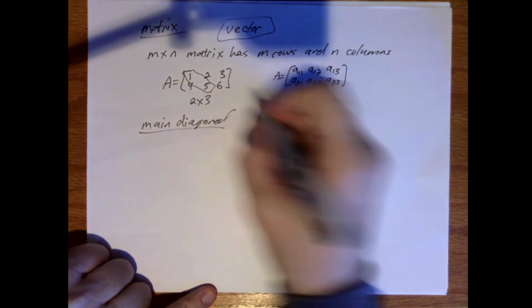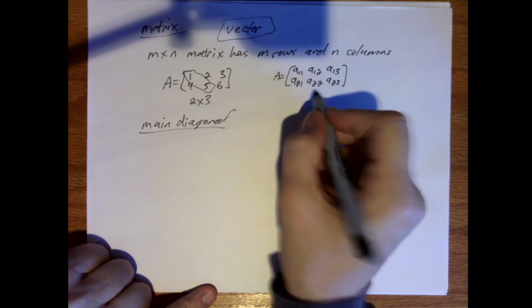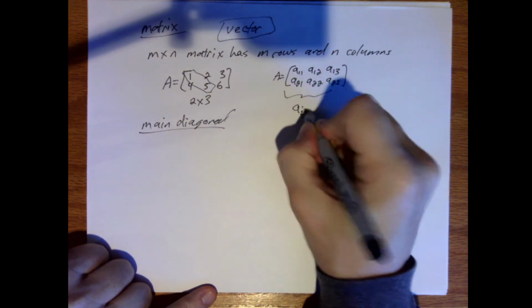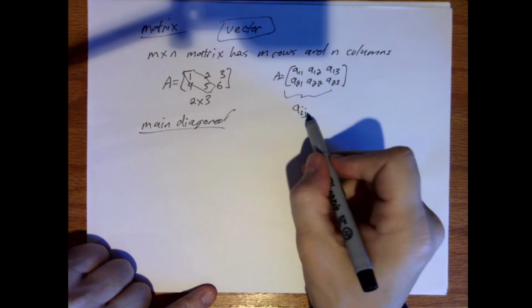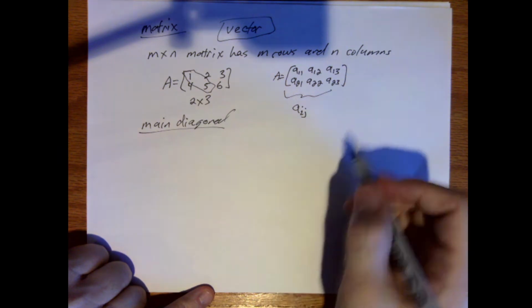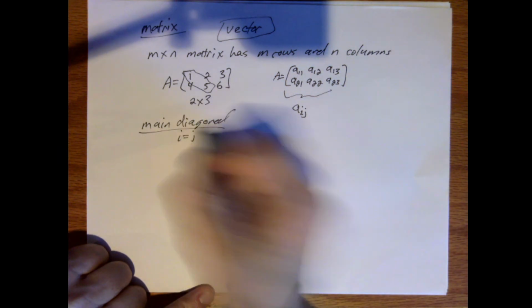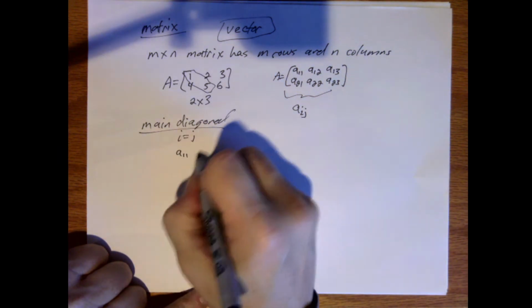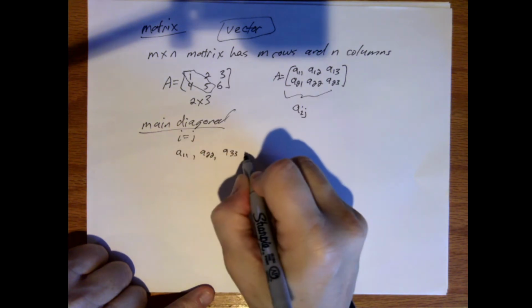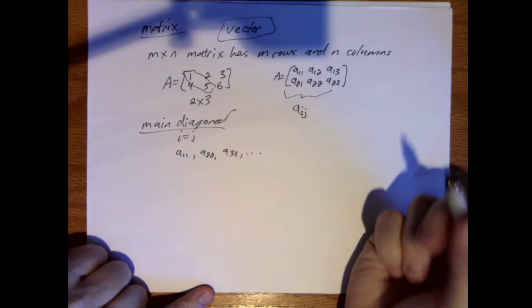If we think of each element in the matrix as having a row and a column index, right? I is the row, J is the column. Well, the main diagonal are those where I is equal to J. So that would be A11, A22, A33, and so forth.